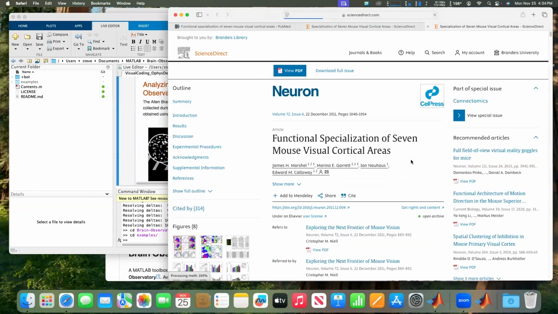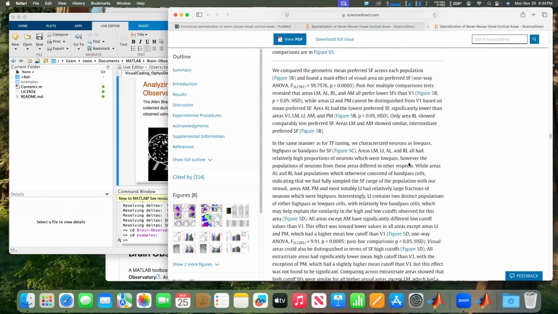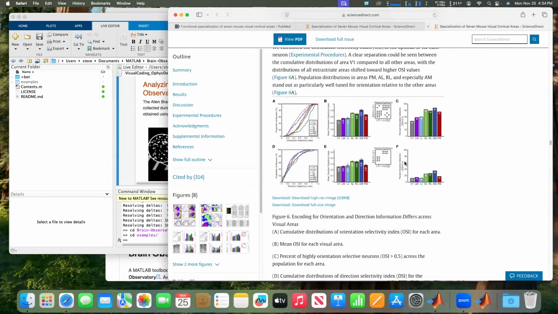If we look at their raw data, their raw conclusions, we can see that orientation selectivity in these areas is much more prevalent than direction selectivity. And we want to look in the Allen Brain Institute data to see if that's also the case.